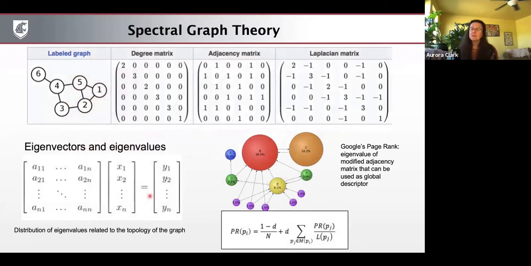And within the context of time-dependent networks of chemical systems, I'm going to give you maybe three examples of different applications of how we can employ very fundamental aspects of graph theory in chemistry. And one of them is spectral graph theory. We know that if we have a graph, we can create an adjacency matrix and a degree matrix.